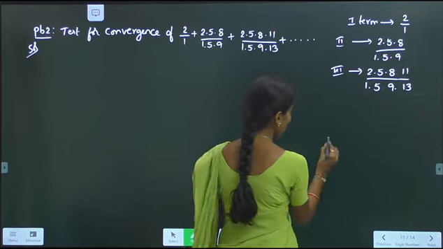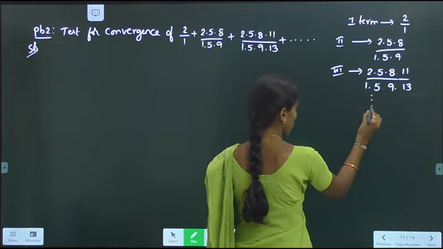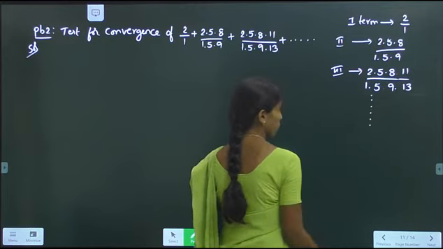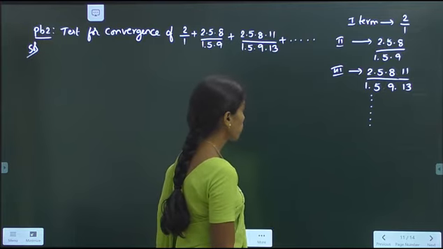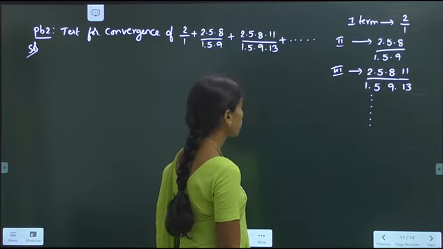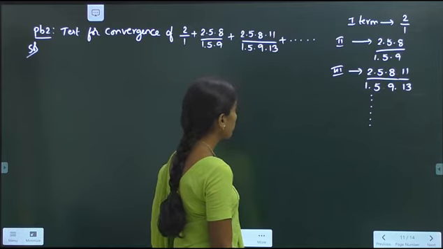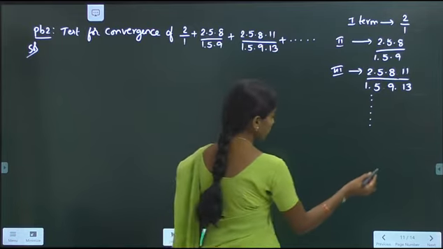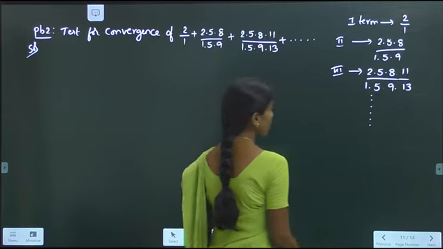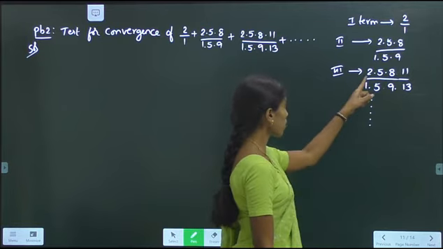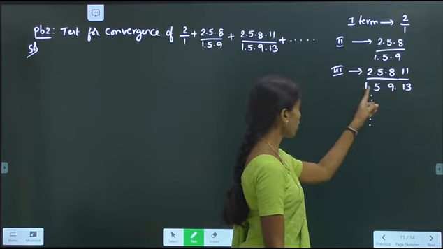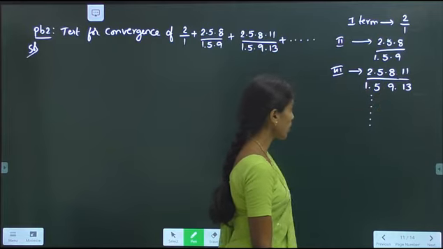Right. What is the nth term? Nth term, we have to write in a generalized form. Observe the pattern 2, 5, 8, 11, 1, 5, 9 up to 13. Right?